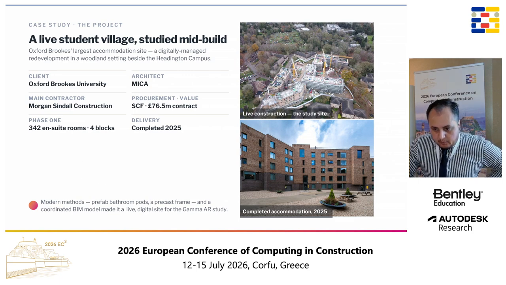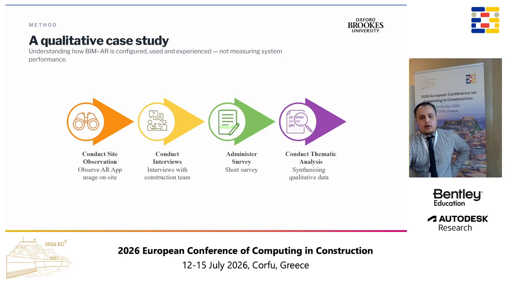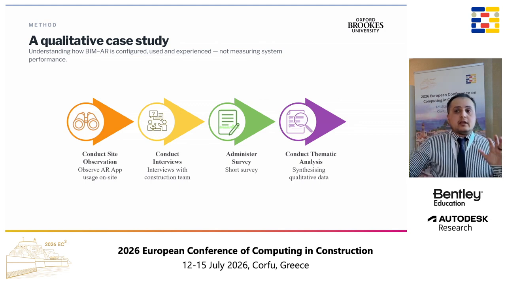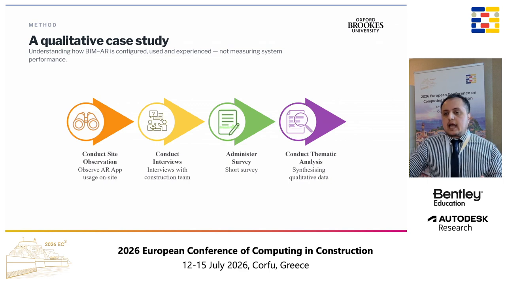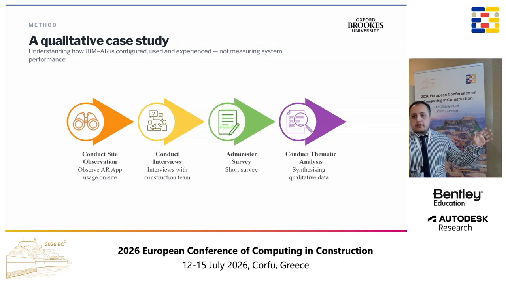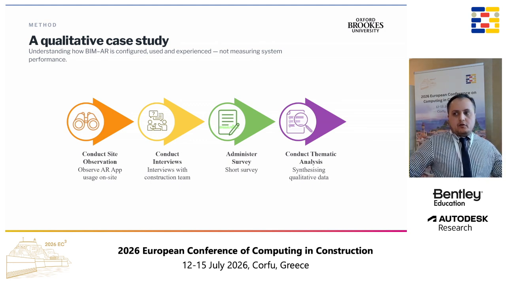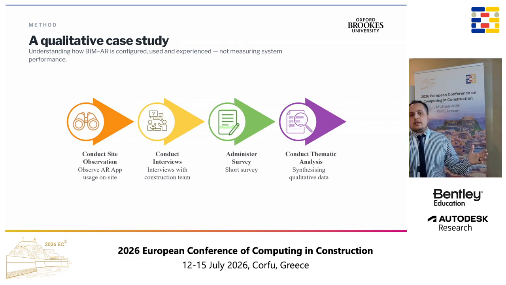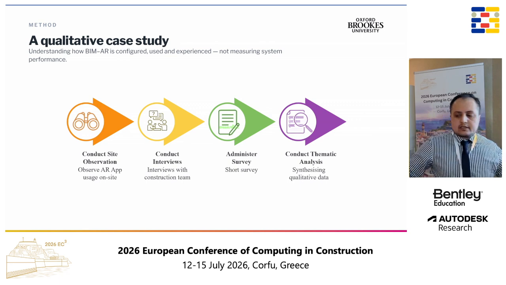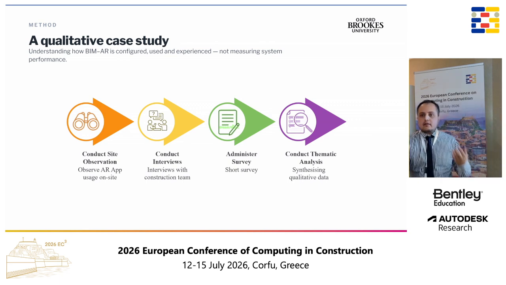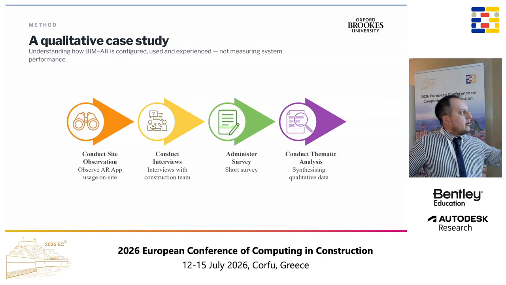So the workflow was: we deployed the live BIM model, which is as-modeled, into Gamma AR. We observed project members using Gamma AR on site. Then they were engaged in semi-structured interviews, followed by a short survey to capture their feedback, and then we analyzed the data from these three strands of a qualitative approach.